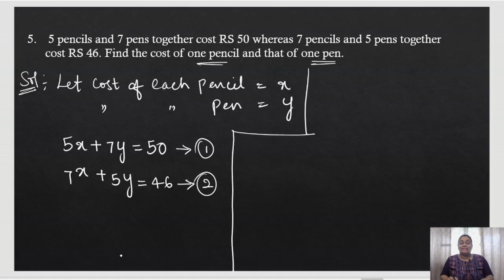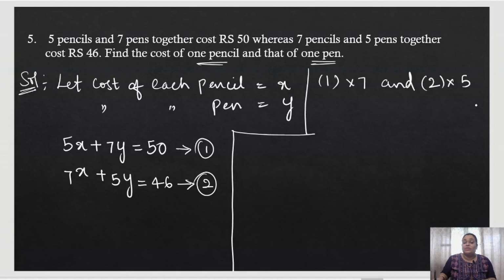If they ask the same problem for 2 marks, we can simplify from here. You can multiply equation 1 with 7 and equation 2 with 5.